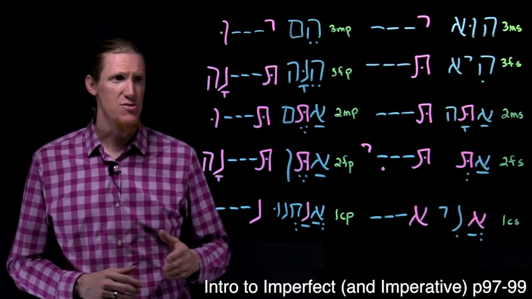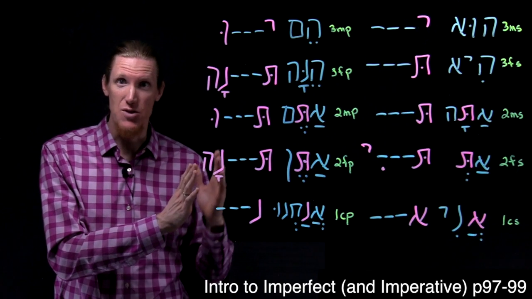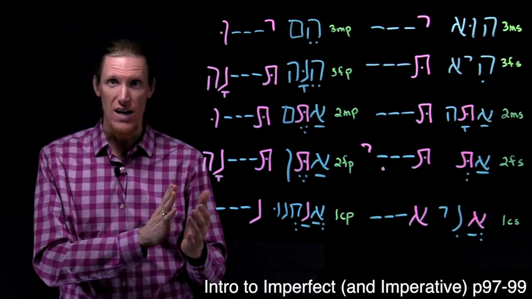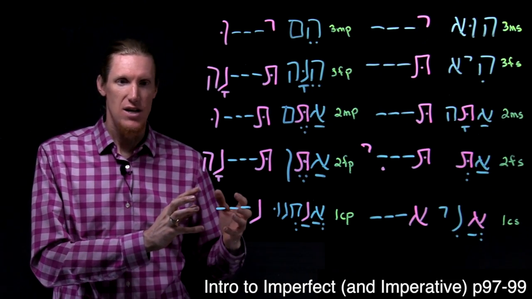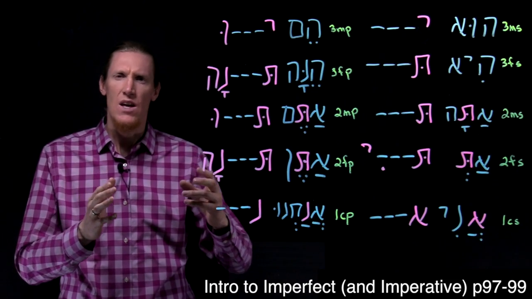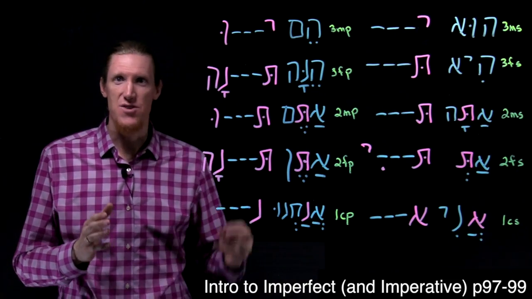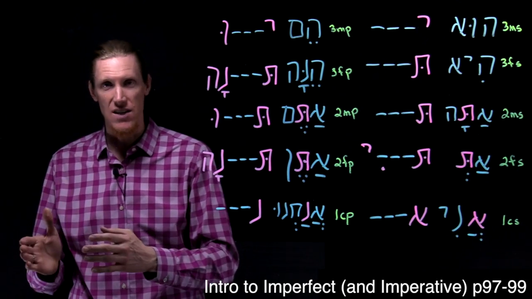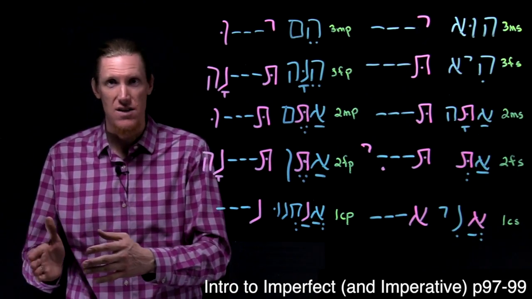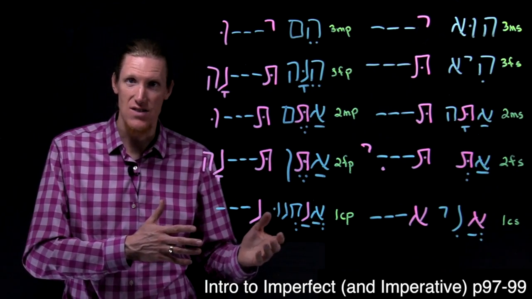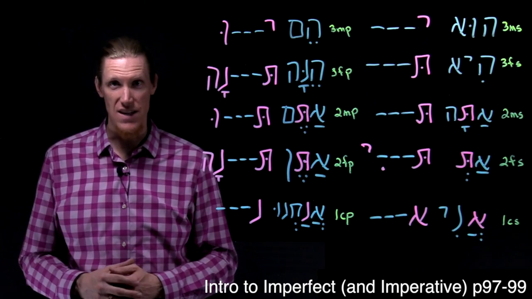So in the imperfect, you take the IPP, you contract it, and you add it to the beginning of a 3-letter root. It's quite simple if you think about it conceptually. If the IPP attaches to the beginning of the root, it's indicating that action is beginning or has just begun. So in English, we would translate that as either present or future tense.